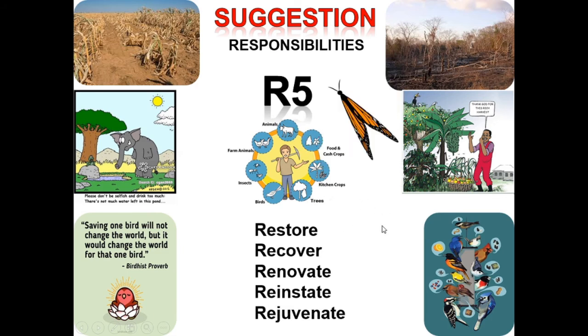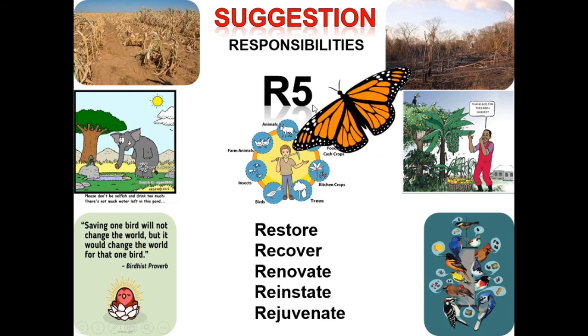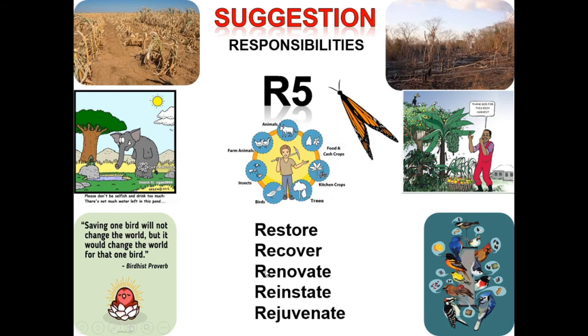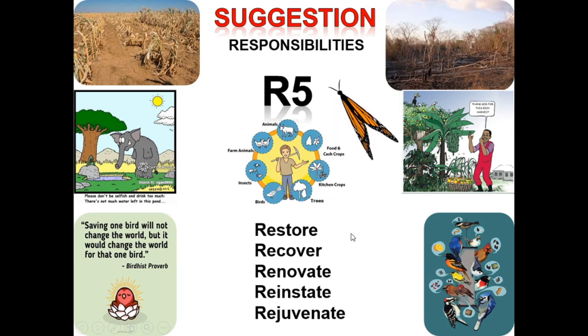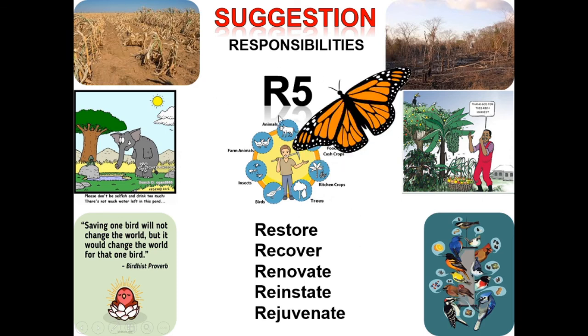So if we conserve all the B5, by doing this, definitely we can restore, recover, renovate, reinstate, and rejuvenate, the R5 responsibilities. Definitely, if we follow, we can conserve biodiversity. This is the suggestion made by me through B5. If you follow this R5, we can do it.